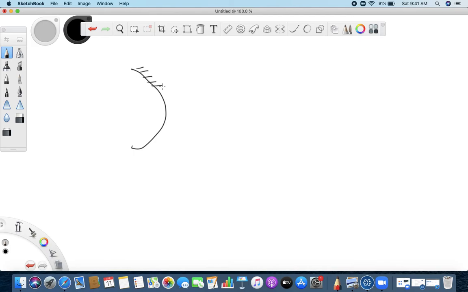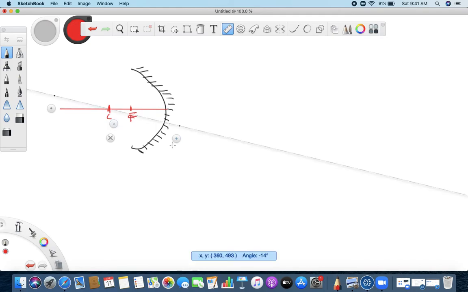What is the third one? If you pass an incident ray through the center of curvature, so this is again your principal axis, this is your F, and this is your C. Let me draw the center of curvature here.